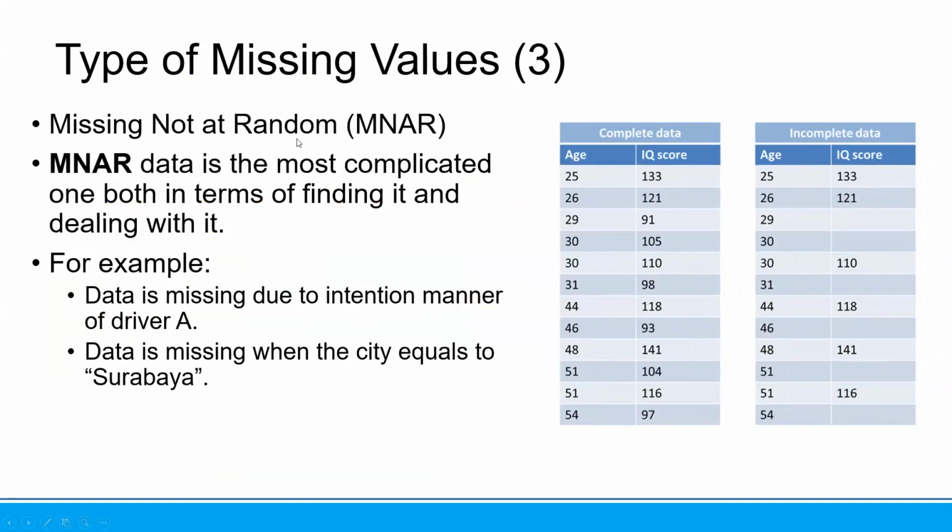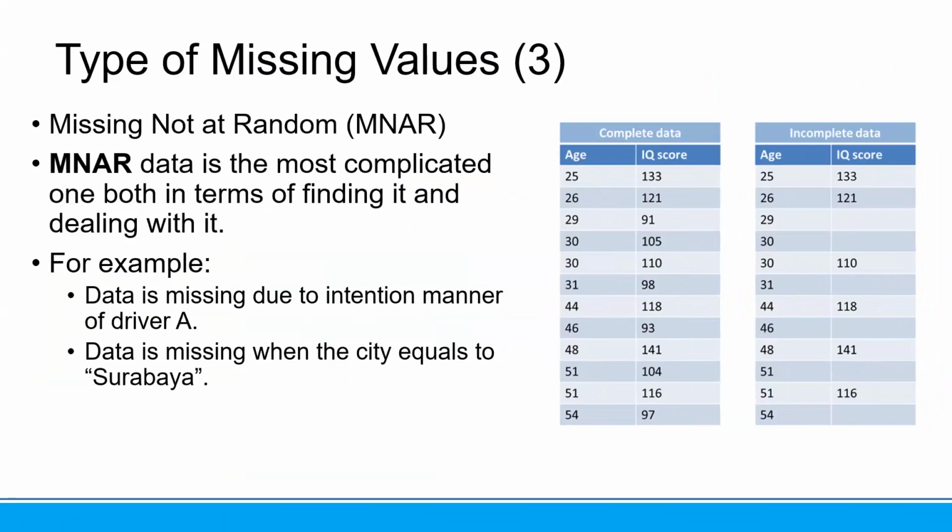But we have missing not at random. MNAR is the most complicated one, both in terms of finding it and dealing with it. For example, data is missing due to the intention or manner of driver A. Let's say you have a logistics company.